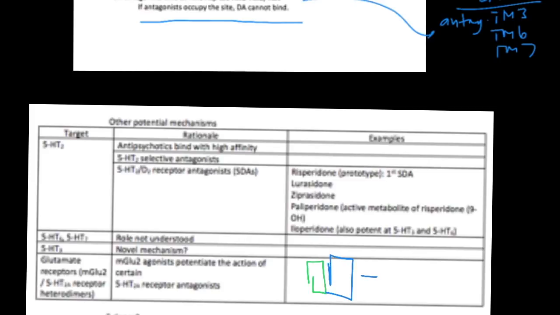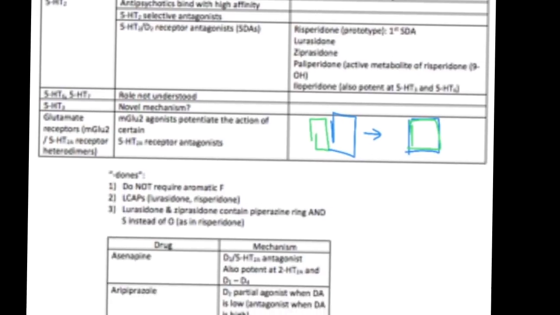These can dimerize or combine to produce basically one functioning receptor. So mGlu2 agonists can potentiate the action of certain 5-HT2A receptor antagonists. So attaching an mGlu2 agonist to a 5-HT2A receptor antagonist can increase the effect of an antipsychotic to produce a more potent antipsychotic.